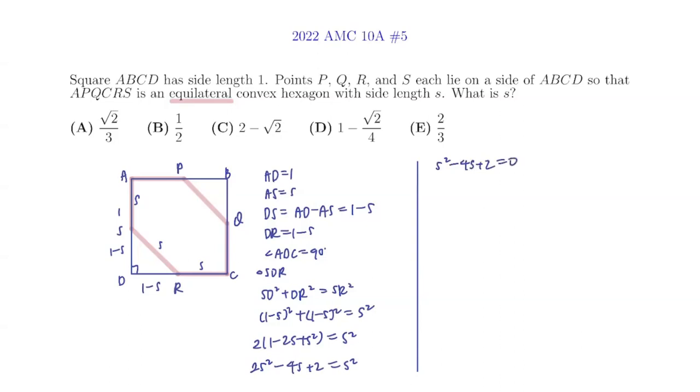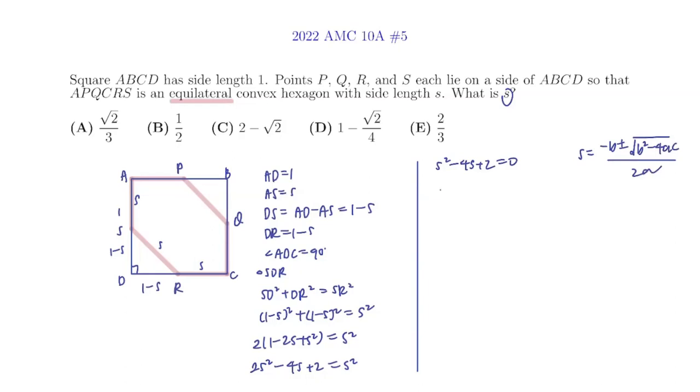Now to solve for S, which is what we want, we can apply the quadratic formula, which is x, or in our case S, equal to negative b plus or minus square root of b squared minus 4ac, over 2a.